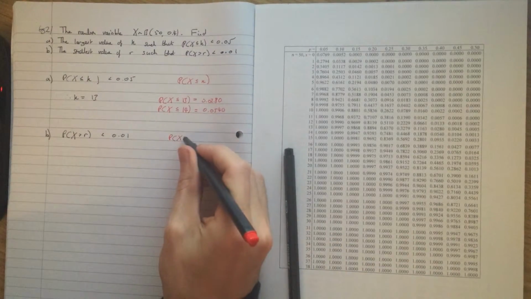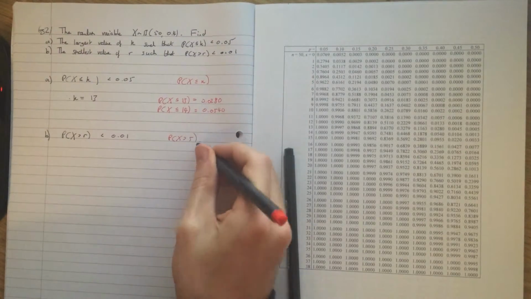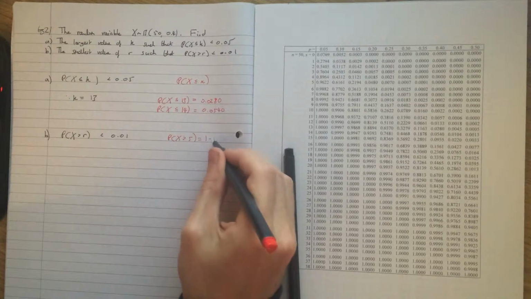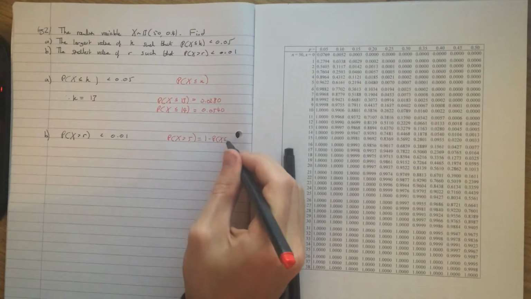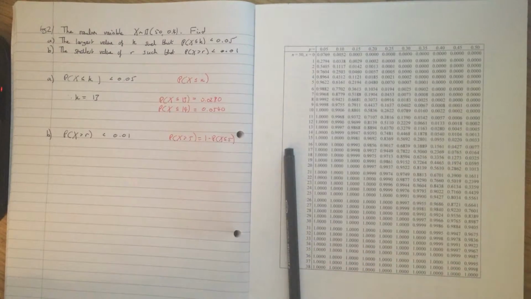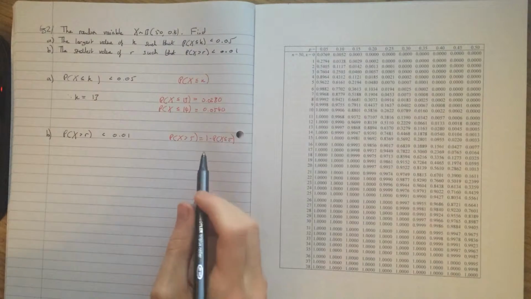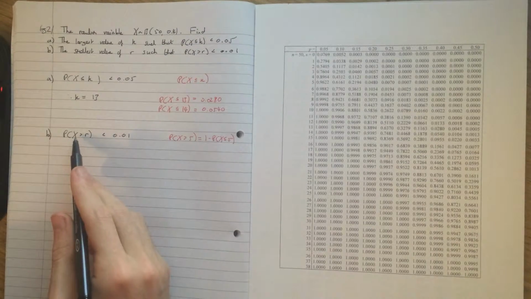We know the probability of x being greater than some number, say 5, is equal to 1 minus the probability of x being less than or equal to 5. You should know that from the first example.